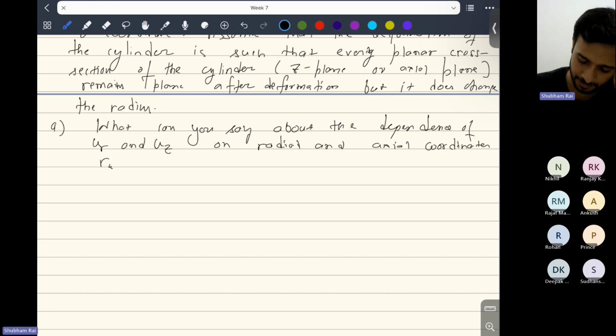Obviously, it is given that they are independent of theta, but you have to comment on whether they will be a function of r and z or not.